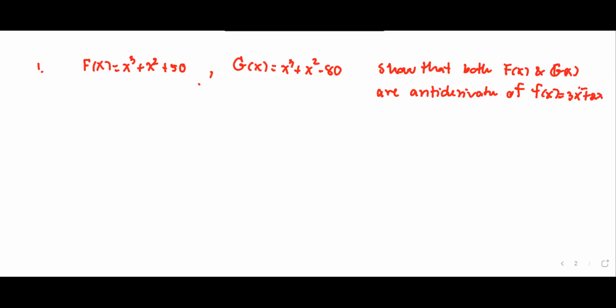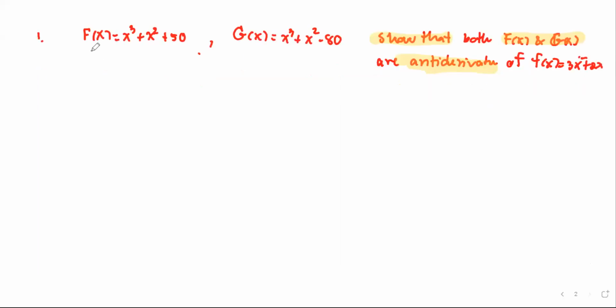When you have to show, that means you're gonna prove that it's correct. Show that these are antiderivatives. And the concept of the antiderivative means you are going to show that F prime equals the function f and G prime is also the same as the function f.